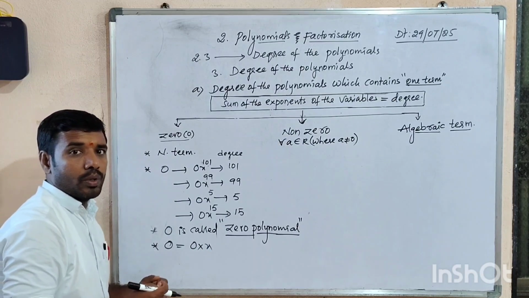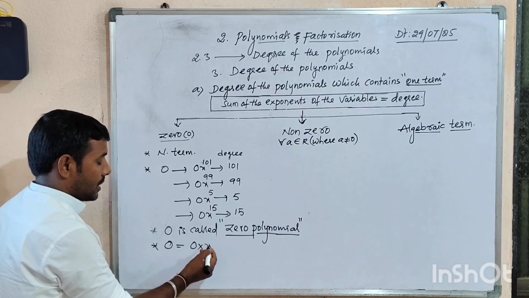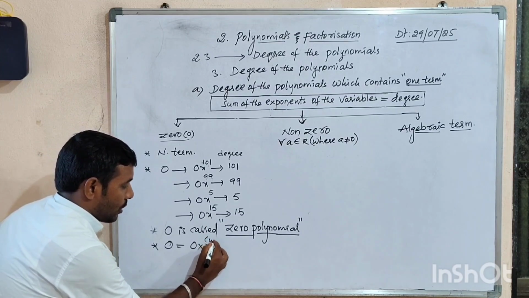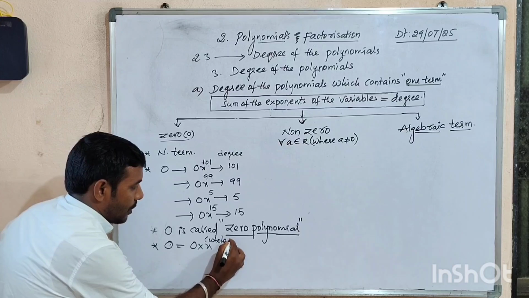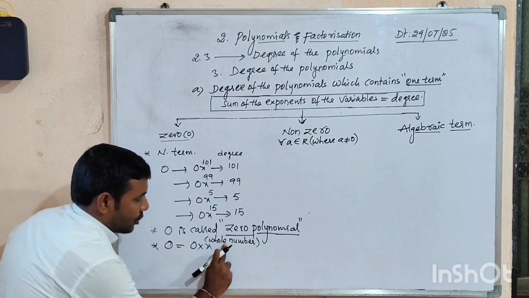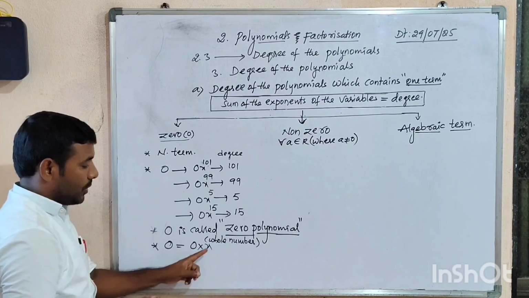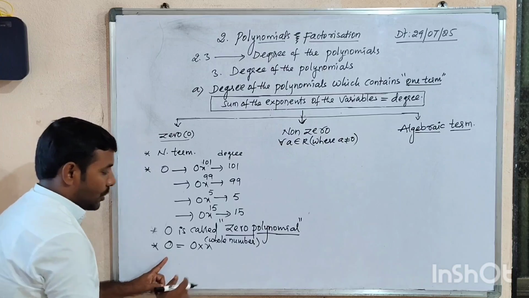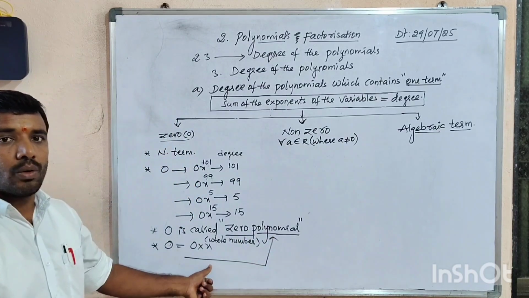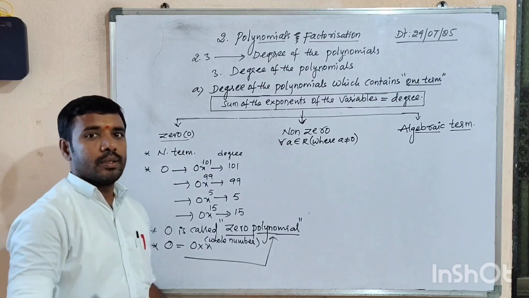Non-negative integral powers of the variable, nothing but whole numbers only, no? In this you have to choose a whole number. The exponent should be a whole number, or else a non-negative integer, of the variable x. Then only 0 is considered the zero polynomial. Understood? Okay, right.